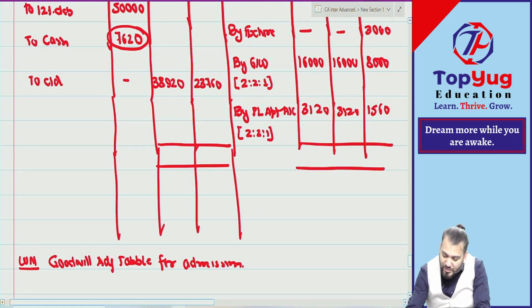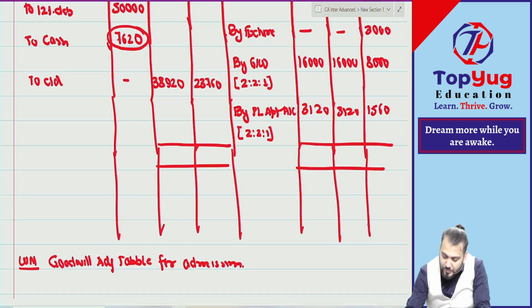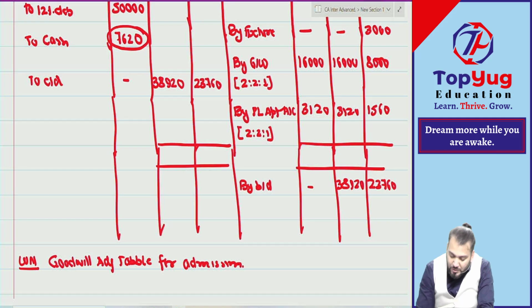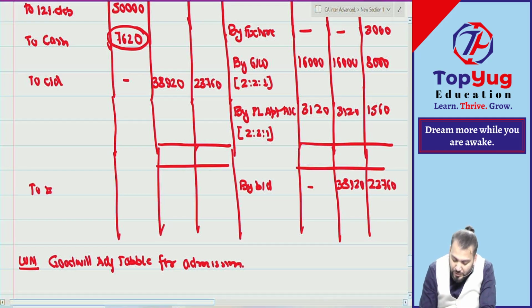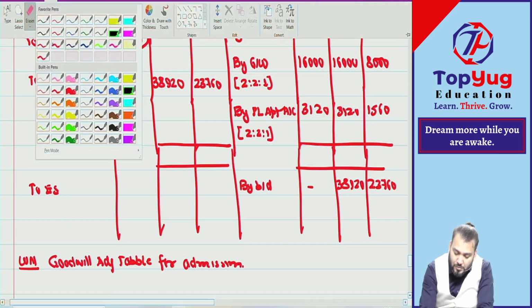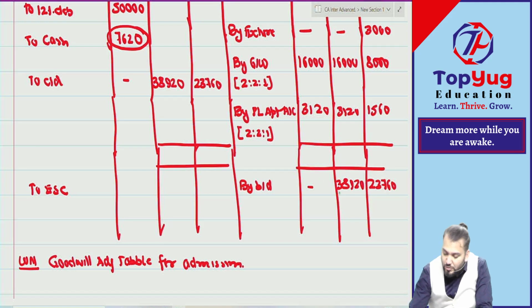Then let us extend it. You have space, na? By balance brought down 38920 and 23760. But the two equity share capitals, divide by what? Divide by 2, you will do, na? So this total divide by 2 to get equal capital.